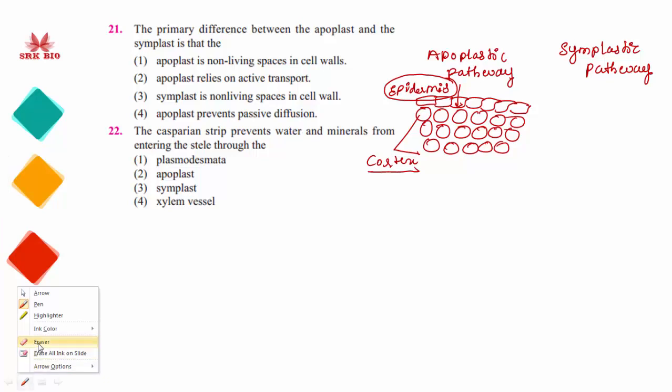Let us take the example of water. Assume this is the water molecule which has crossed the epidermis. Now it has reached the cortex, that means present below the epidermis. So after passing through the epidermis, the molecules to enter into the next part or next tissue of the plant body have two choices, apoplastic pathway and symplastic pathway. What is that?